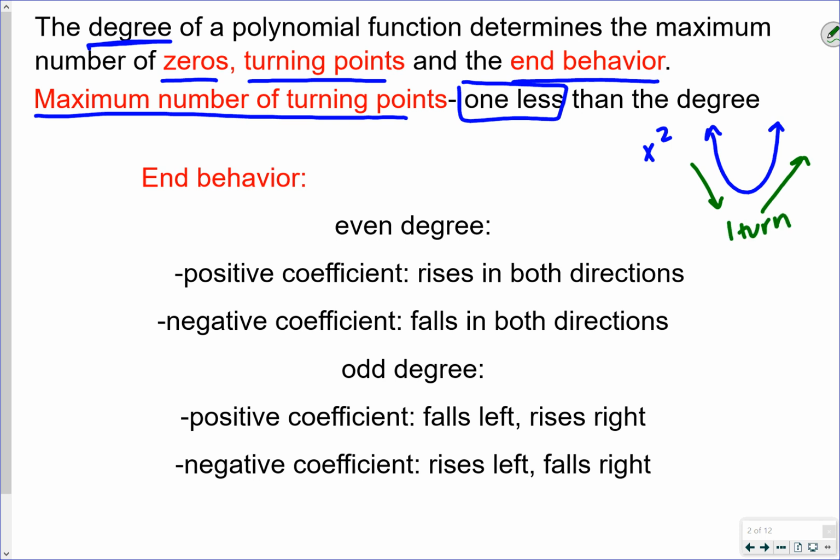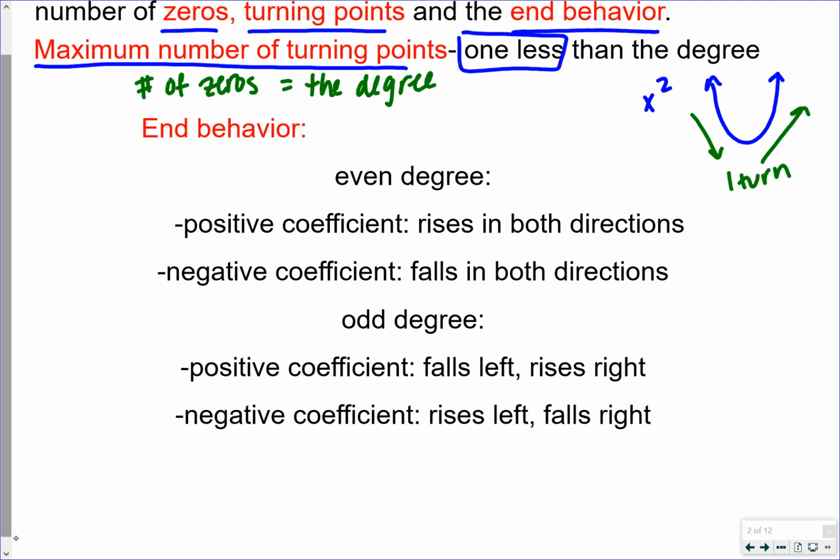It could have at most 2 zeros. So the number of zeros is equal to the degree. And then again, the end behavior is also determined by that x squared. So end behavior is based off of what that exponent is, if it's even or odd.